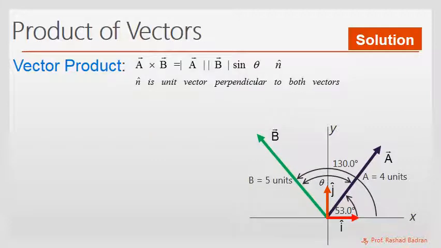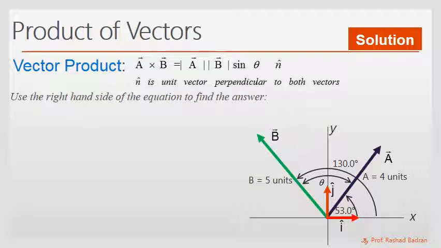The first way is by applying the cross product relation, a cross b equals the product of the magnitudes of a and b times sine theta, multiplied by the unit vector n hat, which is perpendicular to both vectors. The right-hand side of this relation will be applied in this way.